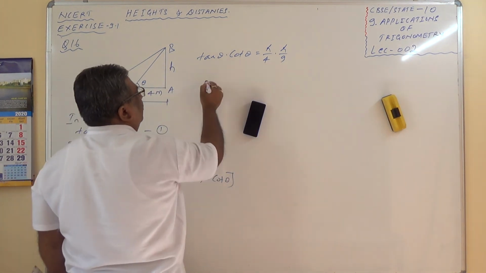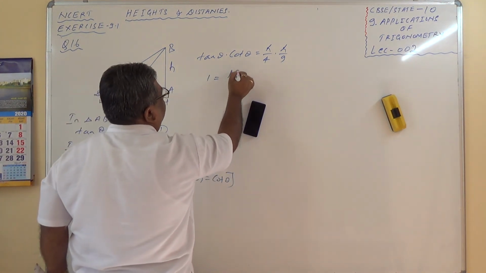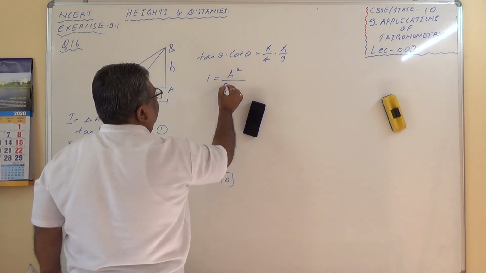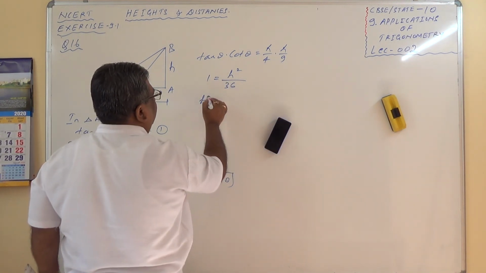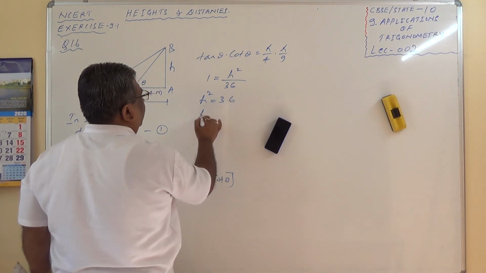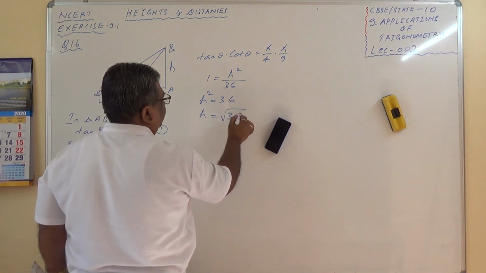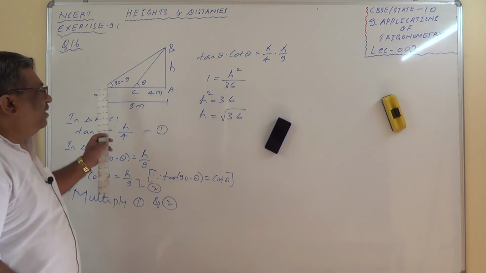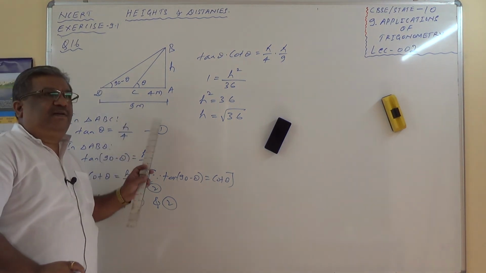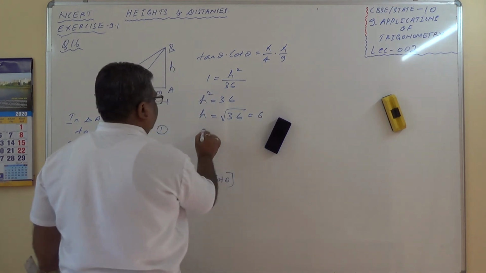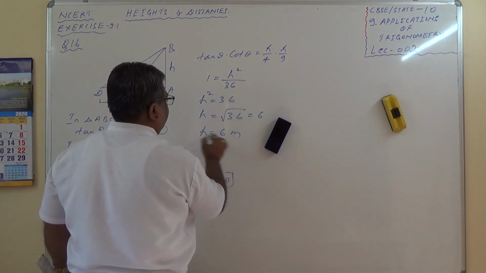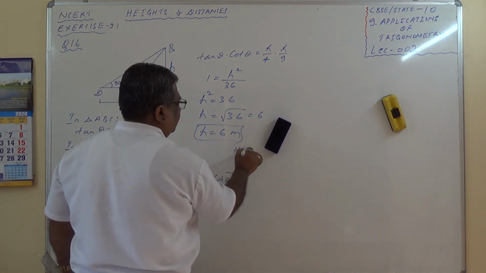So tan theta into cot theta is 1, which is equal to h square by 36, and therefore h square equals 36. h equals under root of 36, not plus or minus, because we are calculating the length or the distances basically. So which is equal to 6. Therefore h is equal to 6 meter. Hence proved.